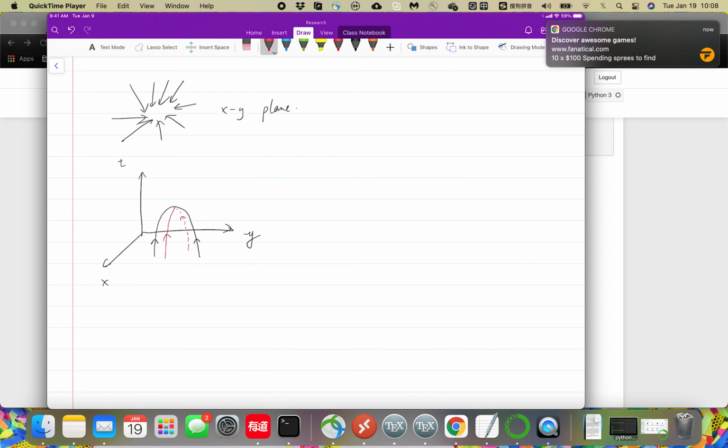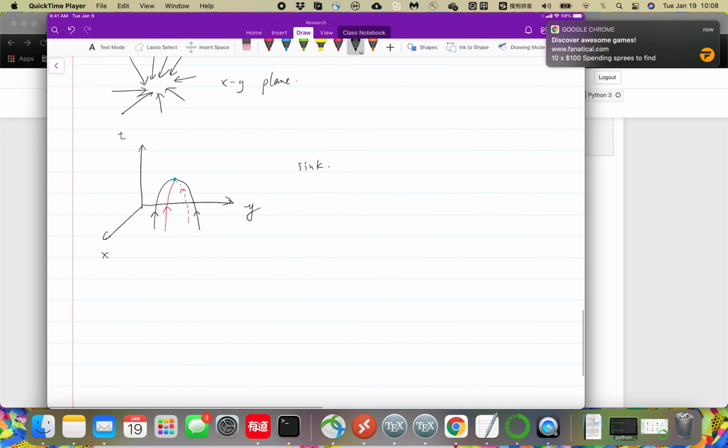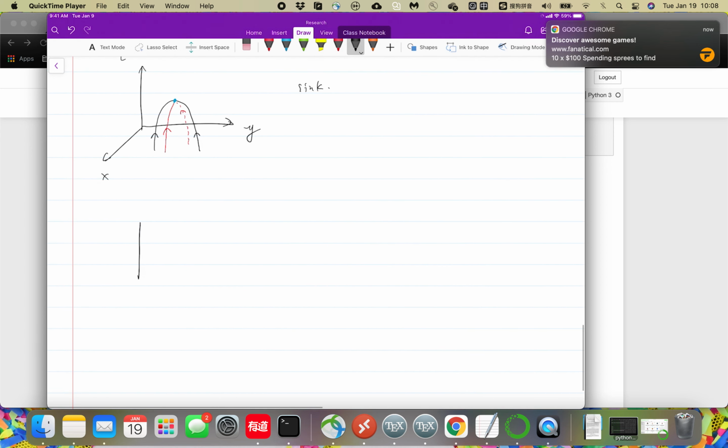And in all possible directions, when t becomes bigger, which means when you go up, everything tends to go towards this one single point here. So that's when you have a sink. Then what do you have if you have a source? You can imagine how to draw it. You start from a point. As time goes by, you leave this point.